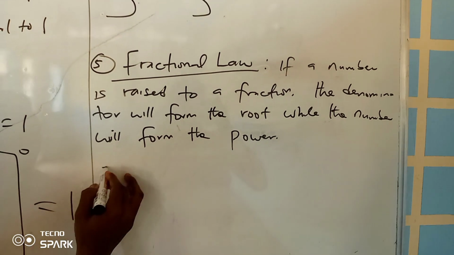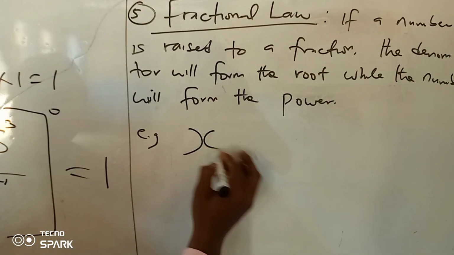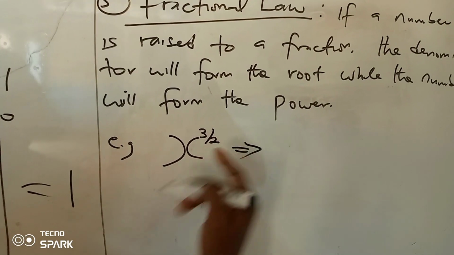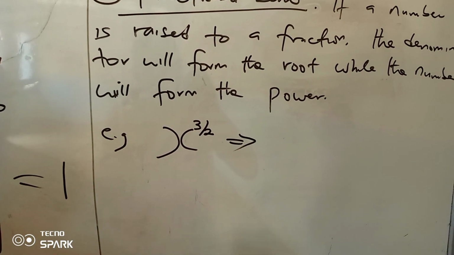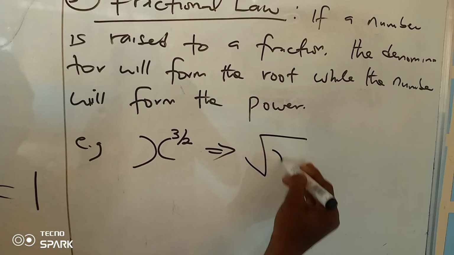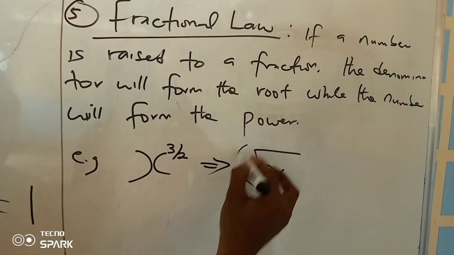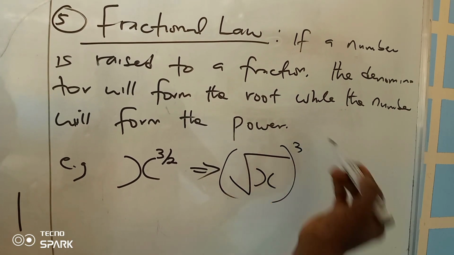By implication, we have something like x raised to the power 3 over 2. Now, 2 is my denominator, so it will form the root of x, that is the square root of x. Now, 3 is my numerator, so it forms the power.